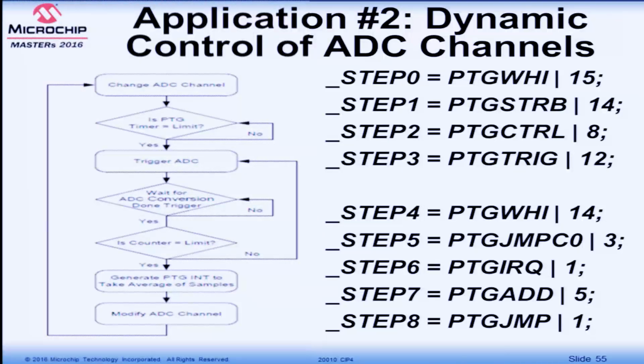So initially it would wait for the initial input trigger, that's happening in step 0, and then in step 1 a PTG strobe command. So this is where it's actually changing the ADC channel select register value. So it's specifying that in the command.